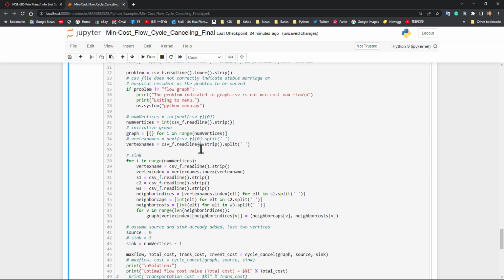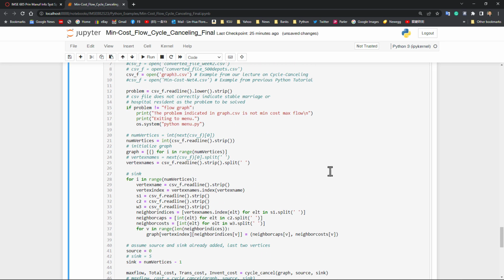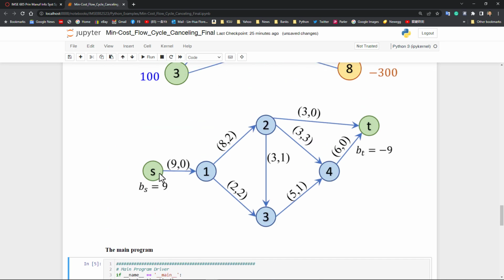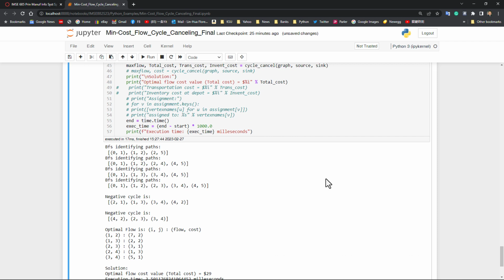The second shortest path is 0 to 1, 1 to 2, 2 to 4, 4 to 5, satisfying part of the node demand for node 4 of 6, which is 3, I think.